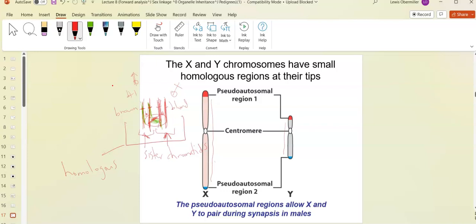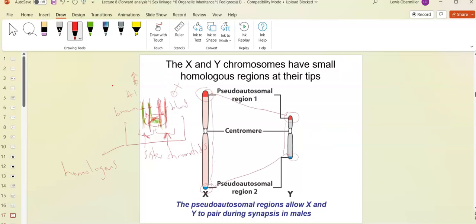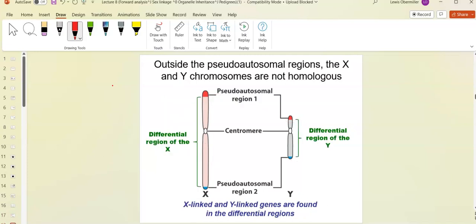And the way that they do that is because they have homologous regions on their ends, on their telomeres, that allow them to do this synapsis so that they move together during meiosis. All right. So outside of those regions, they're not homologous. Inside those regions, they're homologous.